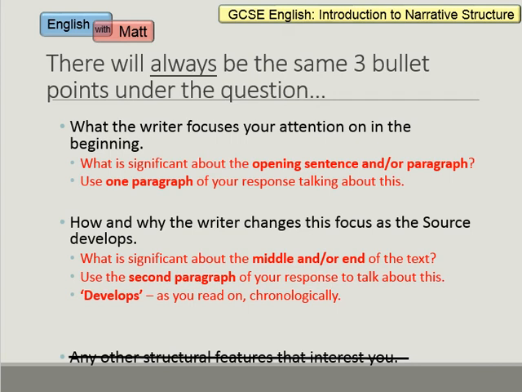The third bullet point there I've scribbled out because I don't actually think it's very helpful. It can sometimes lead students astray. They can go off on tangents. They can lose focus. And what it can also encourage students to do is throw in lots of devices without really explaining anything. So it also makes it very hard work because you've got to then think of, what other structural features are there?